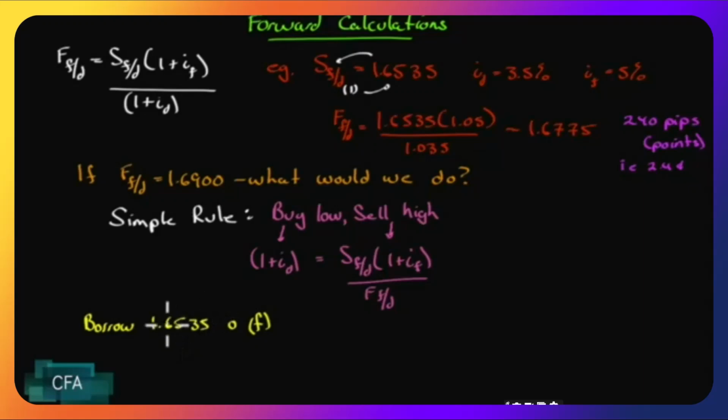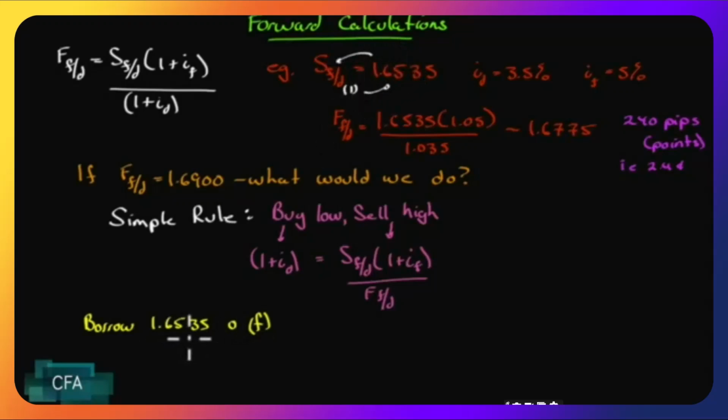Why? When we borrow, that's the same as being short. We're short because we have to return, so that's the same as selling, right? We're borrowing money, so we're short. Because that's the current spot rate, if we have 1.6535 of the foreign currency, clearly we have 1 unit of the domestic currency. It takes 1 unit of the domestic currency to get 1.6535 of the foreign currency, so it must take 1.6535 of the foreign to get 1 unit of the domestic.